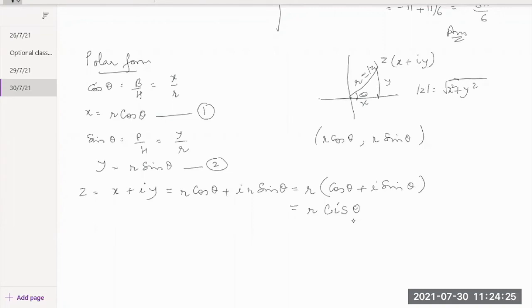And you must remember r is mod of z, which is nothing else but root of x square plus y square. So the basic thing you have to remember is the two trigonometrical ratios, sine and cosine. You must remember the basic definition over here. Now let's see how we apply it to a question.